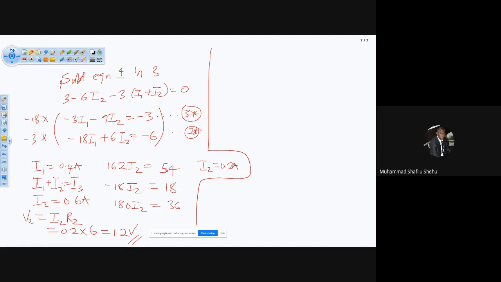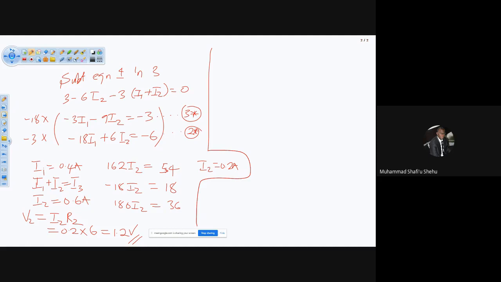So the next one is question 2B. We are asked to use mesh analysis to find the current flowing through each of the resistors we have in the circuit. We're going to apply mesh analysis by using the matrix method, and we're also going to use the normal elimination and substitution method, so that you have the idea on how to go about both.